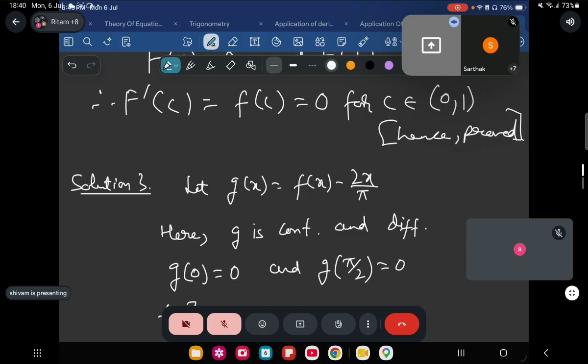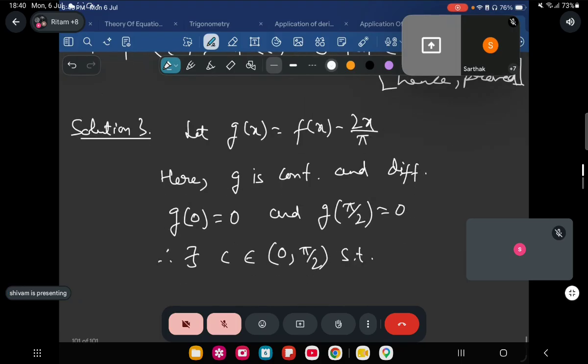Therefore there exists some c belonging to 0 comma pi by 2 such that g dash alpha is equal to 0. This implies f dash alpha minus 2 by pi is equal to 0, so f dash alpha is equal to 2 by pi.